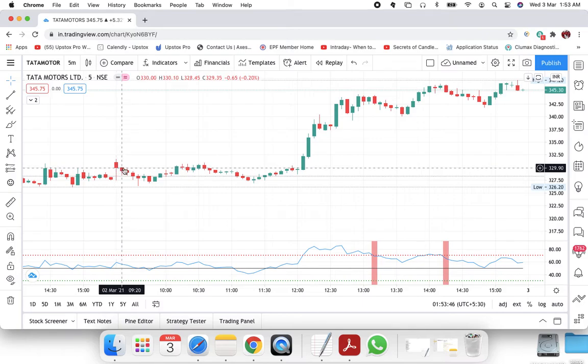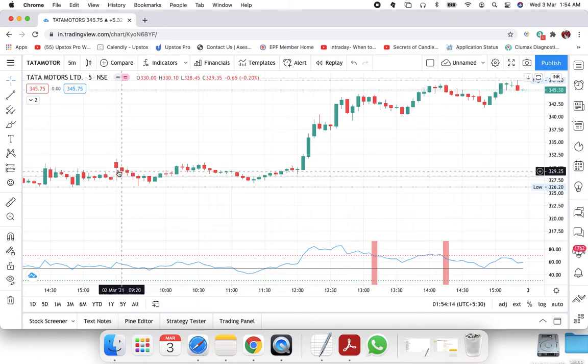The next candle opened 330 and it closed 329.35. Now the next candle opened 329.50.